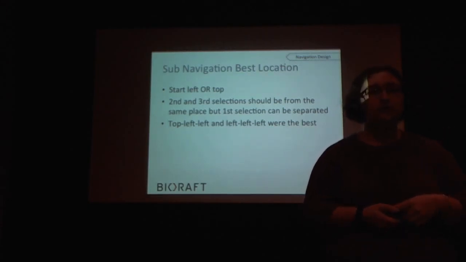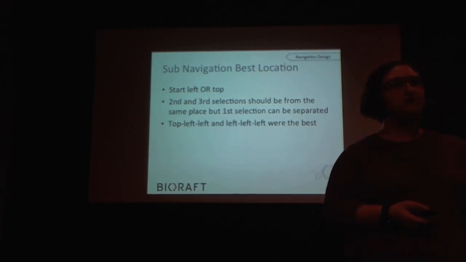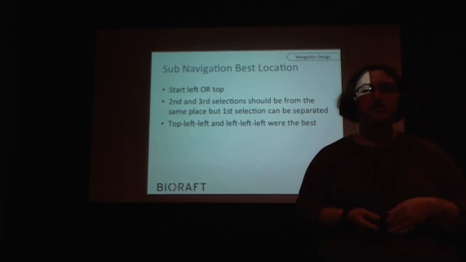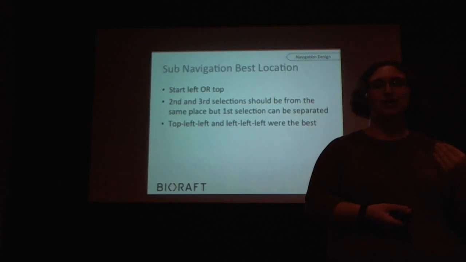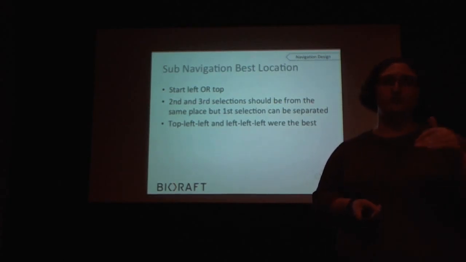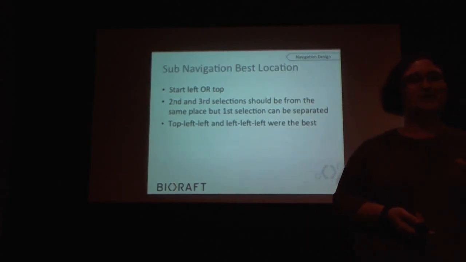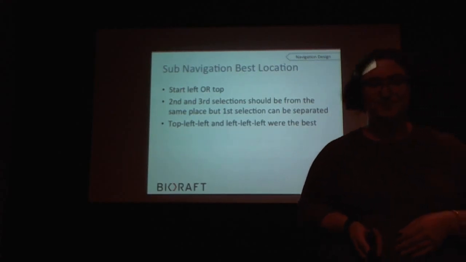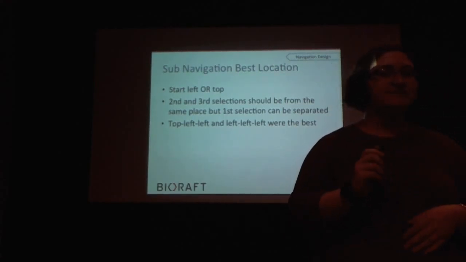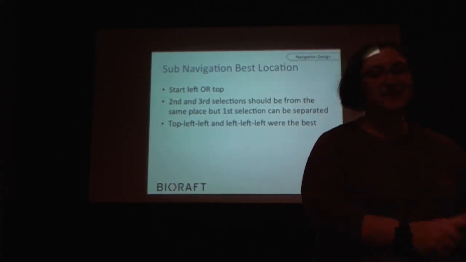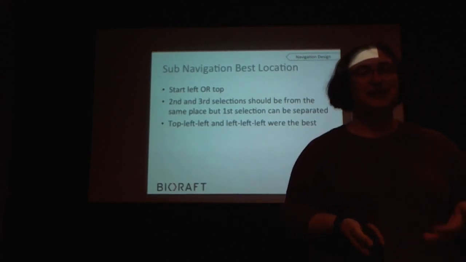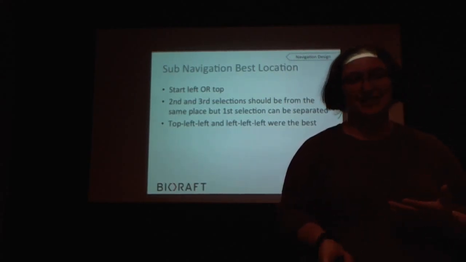So you can go from top to left or left to top, but you shouldn't switch again. Your second and third selections should be from the same place. Generally, there should not be a fourth or fifth selection, so that is why we're only talking about the top three. Top, left, left, and left, left, left were considered to be the best for user task success.